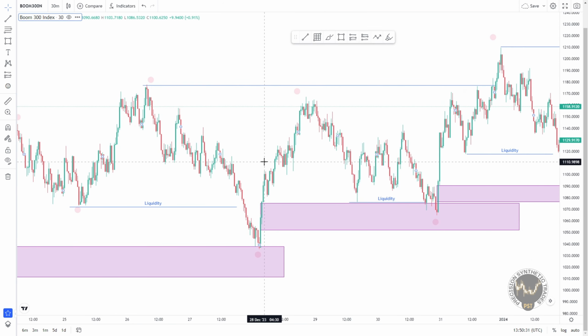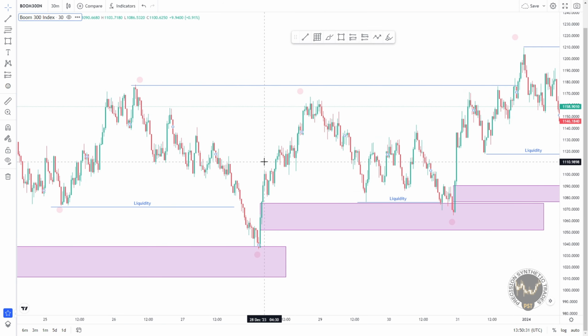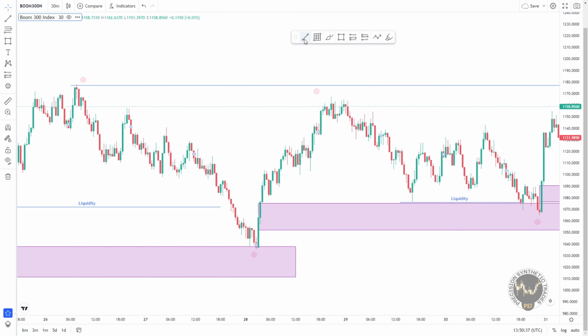You will see here, for example, we were internally in a downtrend. This was the high that made a new low. We broke that high, so that becomes my market structure shift.